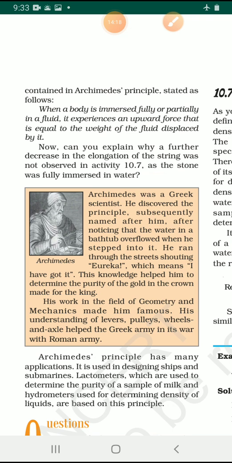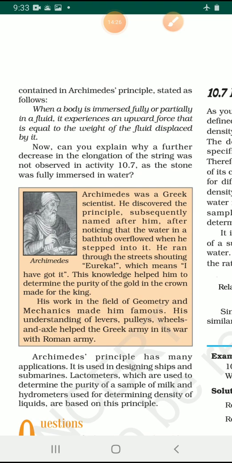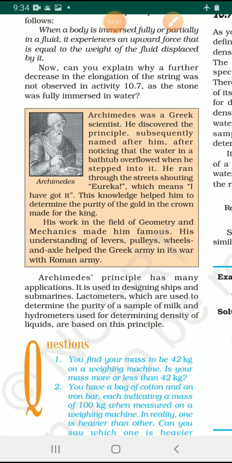When the stone is immersed in the water, you cannot see further elongation of the string. The reason is that the stone displaces the water through the upward force, as the stone was fully immersed in the water, right?